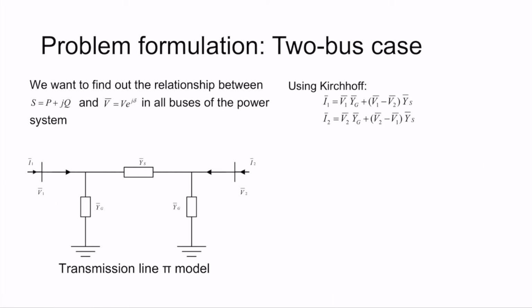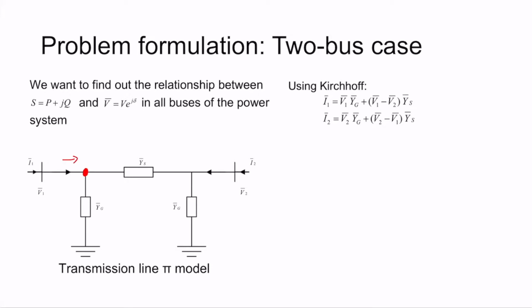Then let's use Kirchhoff's law to calculate the current with regard to the voltage. I want to write a system of equations that can be built systematically. Let's start by doing the nodal balance at this point, in red, bus 1.